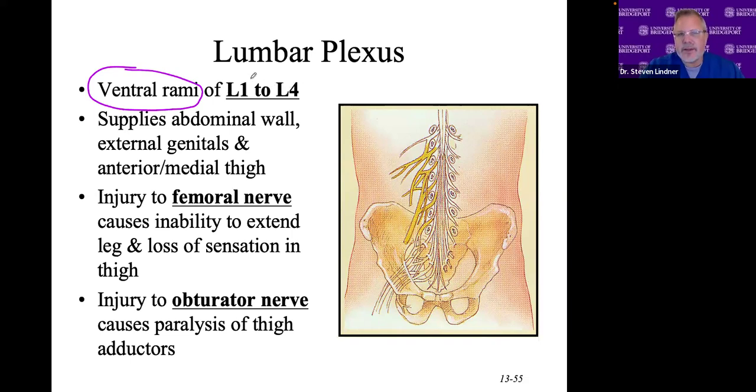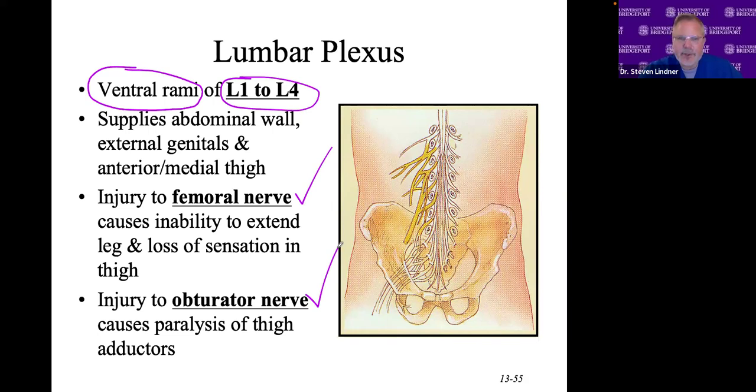So here it's the ventral rami of L1 to L4. And that's going to supply the abdominal wall, the external genitalia, and the front and the inside of the thigh.